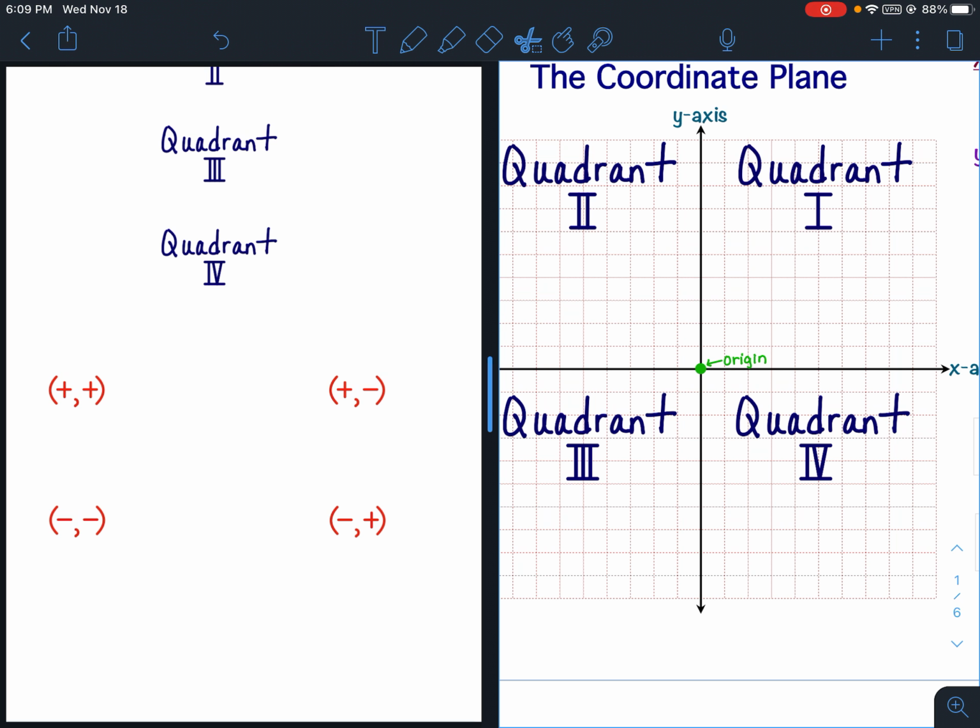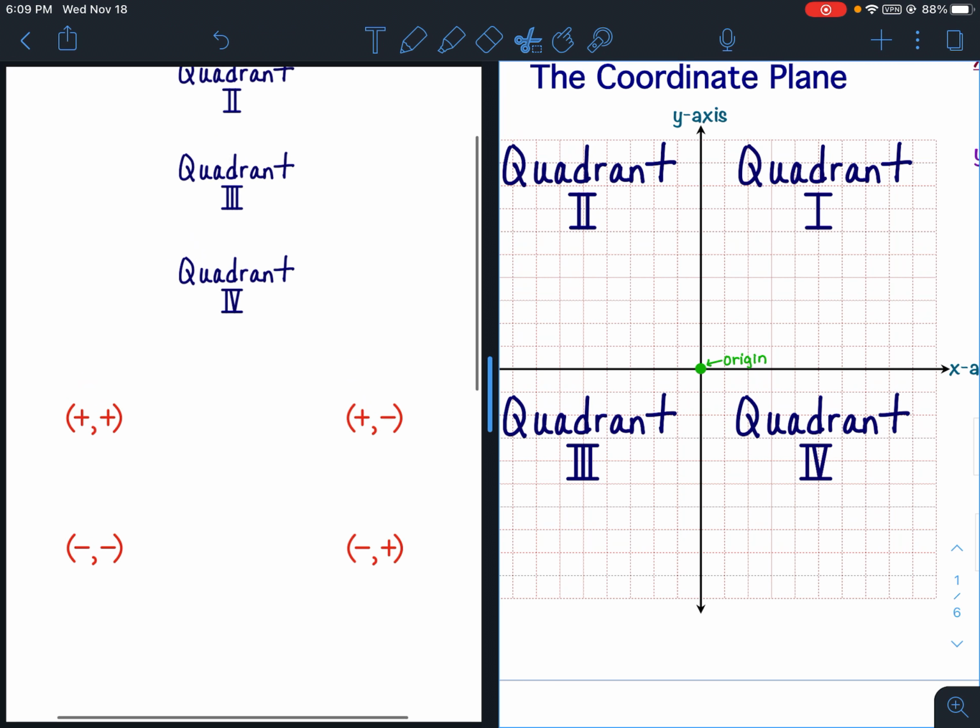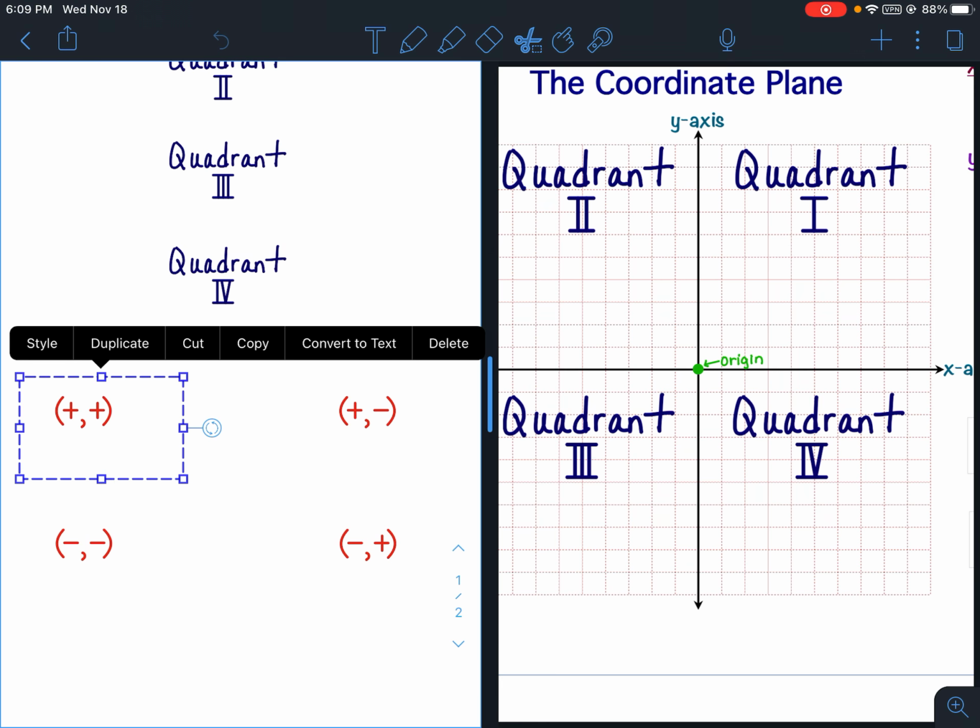Now, when you graph in these quadrants, the ordered pairs for quadrant 1 have two positive numbers.